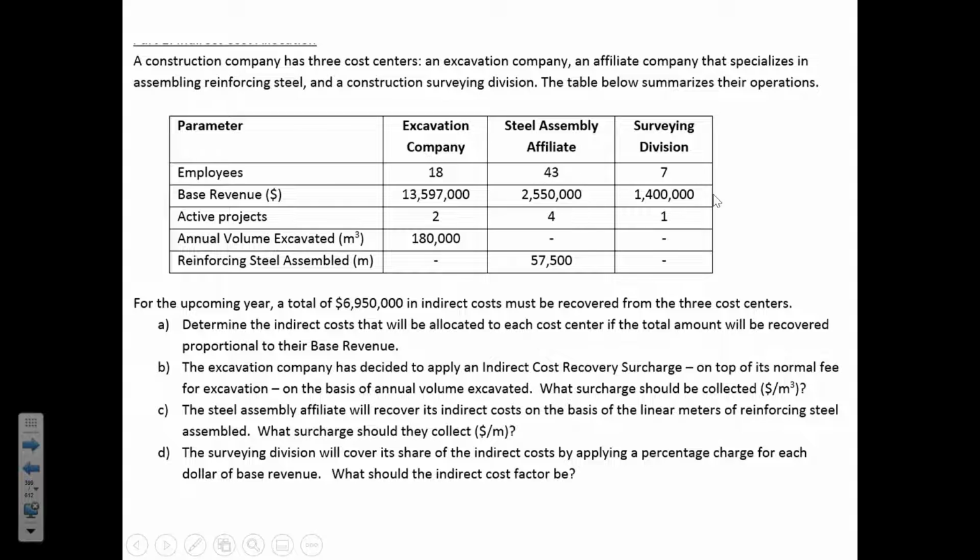So it wouldn't be fair to the surveying division if they had to pay 1/3 of the indirect costs when they're such a small part of the overall business. Okay, so A through D, I'm just suggesting some different ways that we could use to recover this $6.95 million in indirect costs.